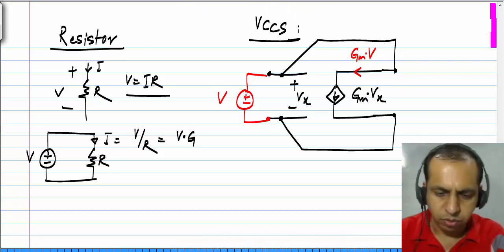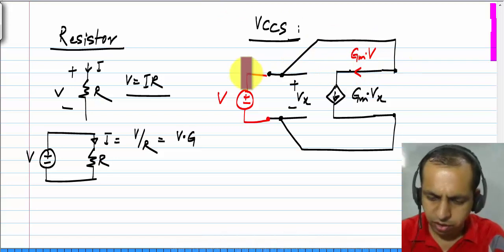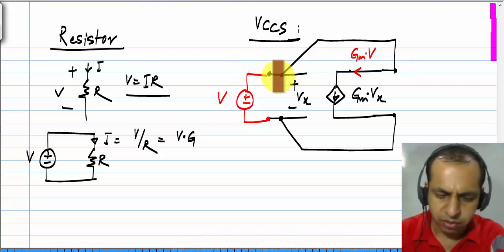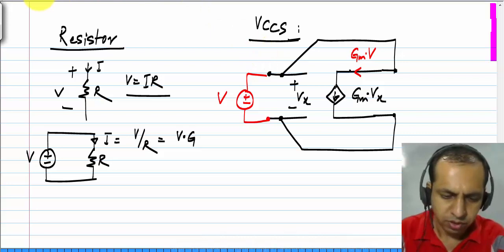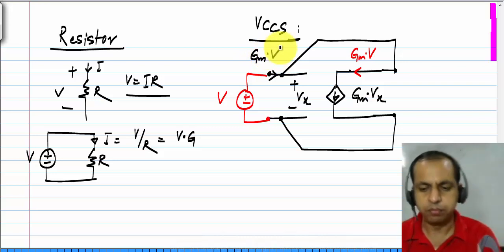Okay. So what happens? This Gm times V will flow here and it will actually flow from this voltage source. Okay. So the current flowing out of the voltage source is Gm times V.